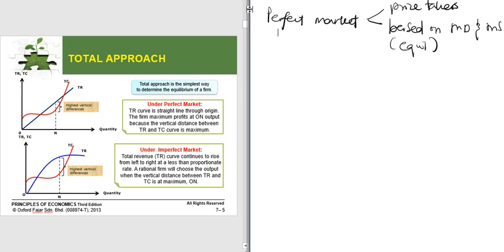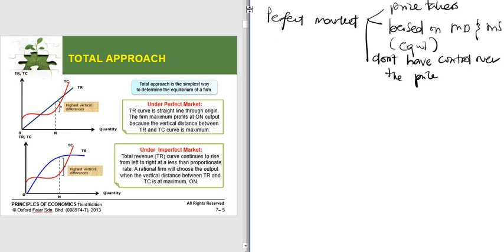For example, if the equilibrium price in the market is 5 ringgit, so every seller in the market must sell the product at 5 ringgit. So every seller sets the same price level for the same product. So they don't have control over the price.